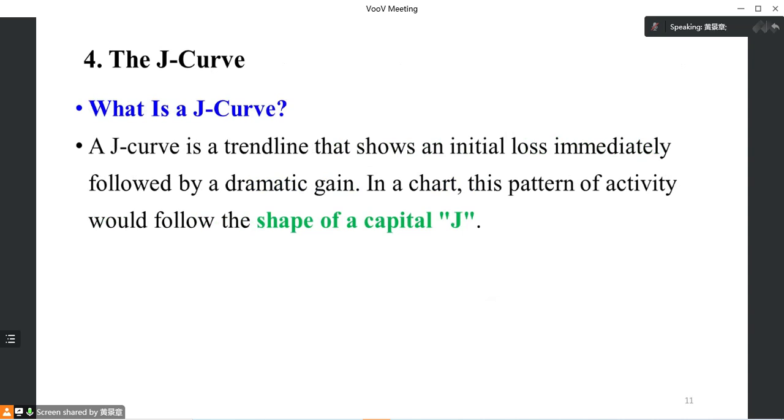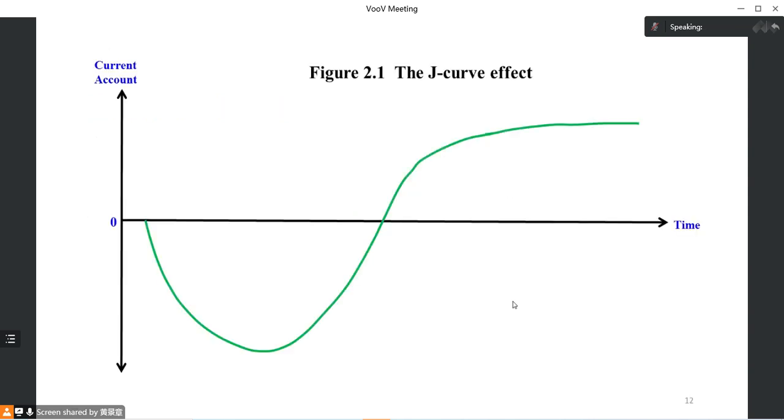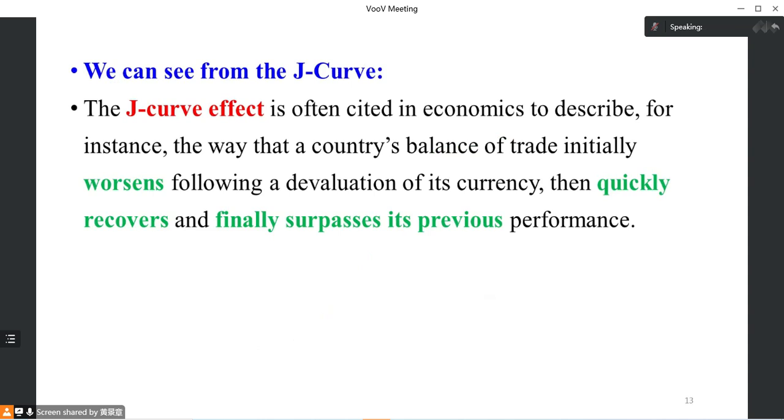The J curve. Last time we learned the J curve. You should know what a J curve is. The shape of the curve is like the capital letter J, so we call this figure the J curve.